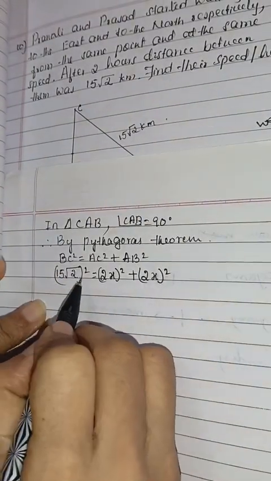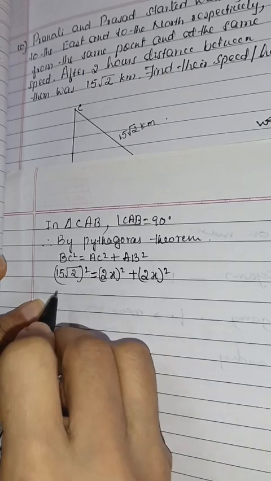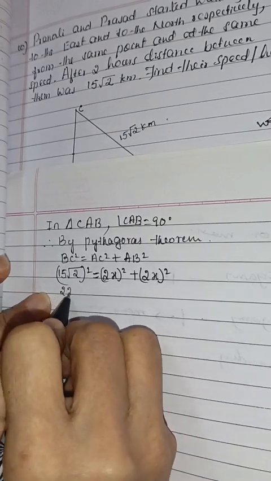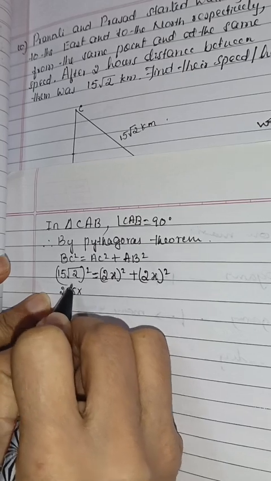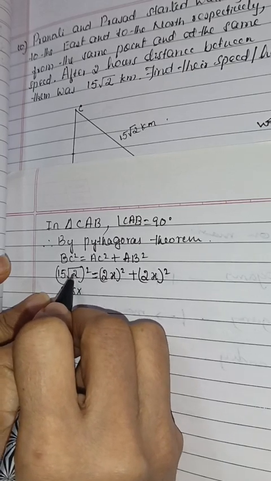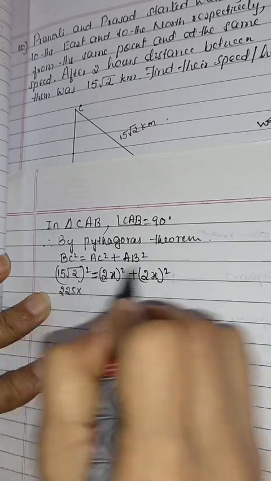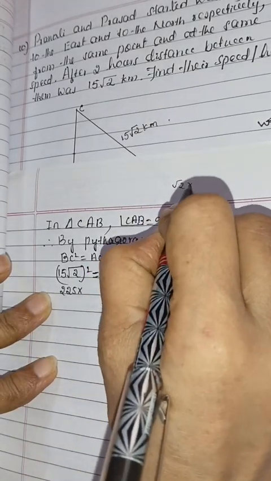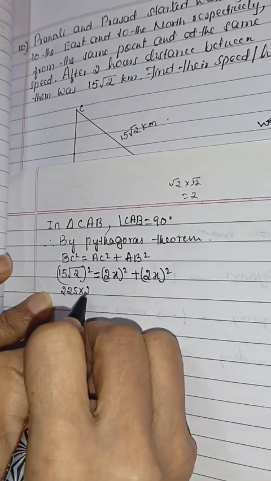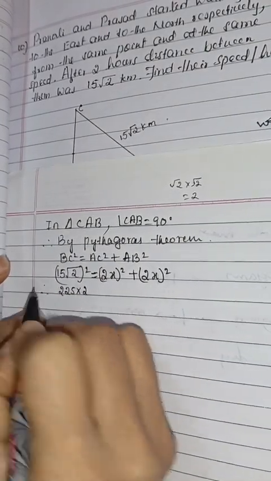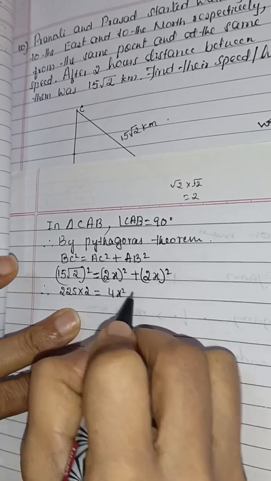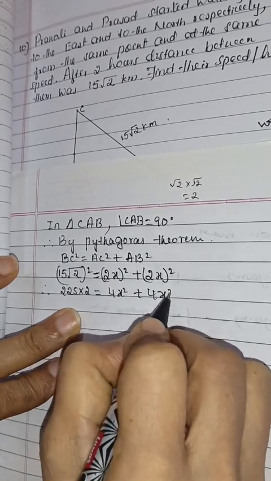Therefore 15 square is 225, into root 2 whole square, which is 2, equals 2x square is 4x square plus 4x square.